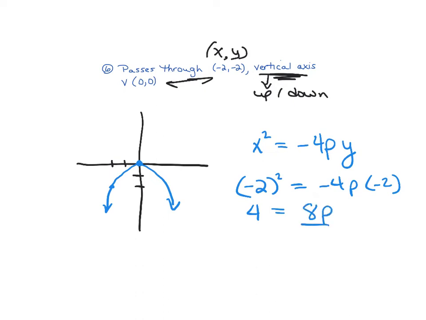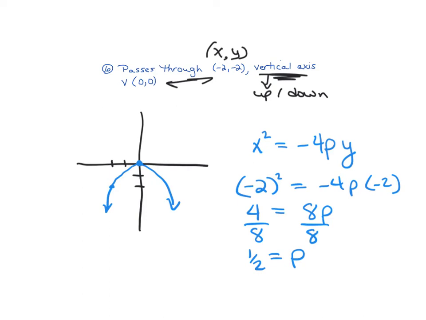I'm going to divide by 8. 1/2 equals p. And again, remember, p is a distance. So the distance that my focus point is going to be away from the vertex is going to be 1/2.